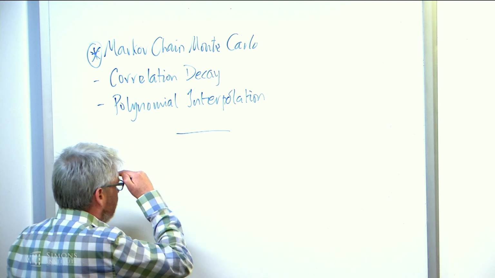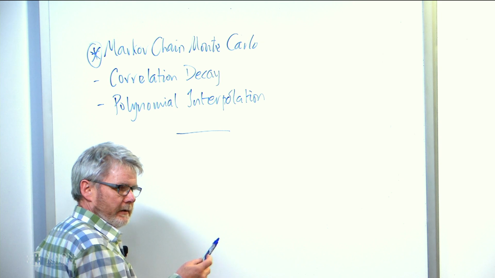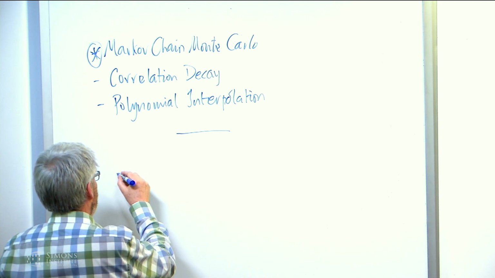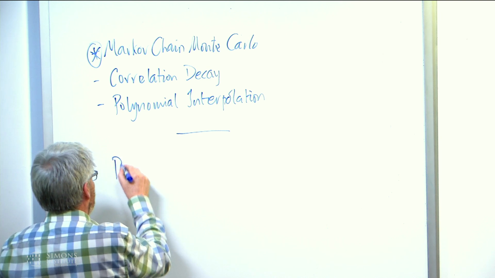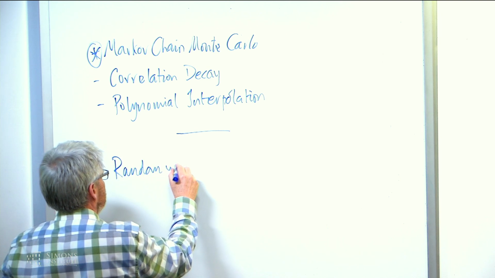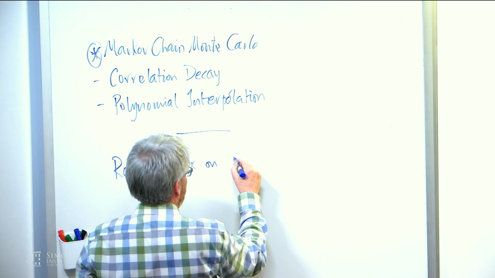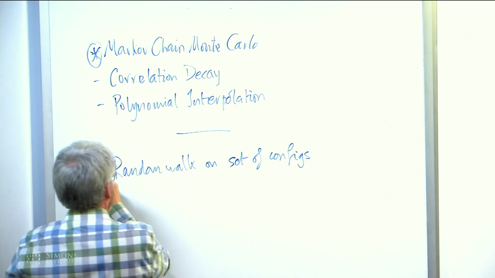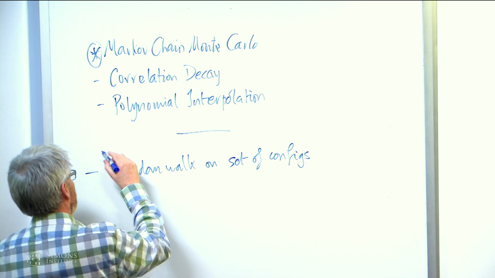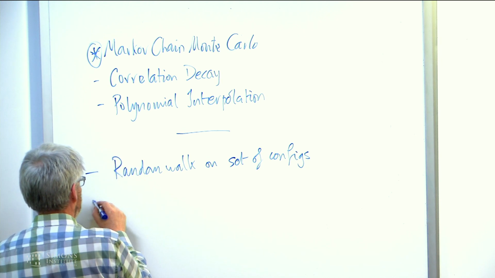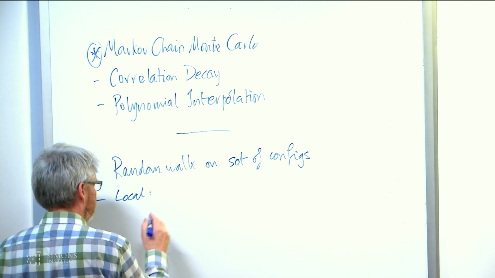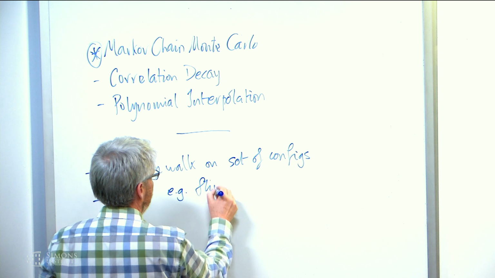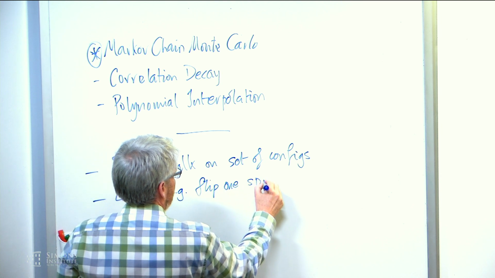So Markov chain Monte Carlo means that you do a random walk on the set of configurations. And usually it's a local random walk. Local random walk means that you, for example, flip one spin at a time.